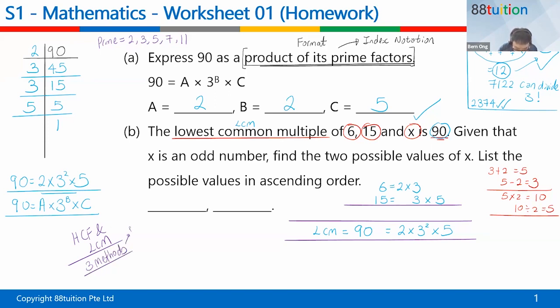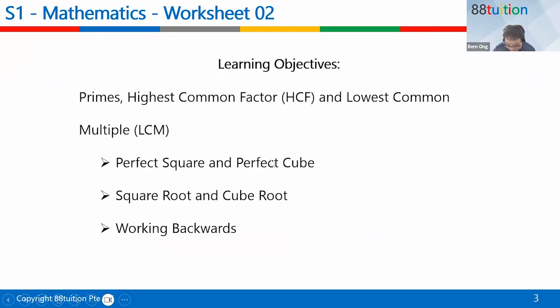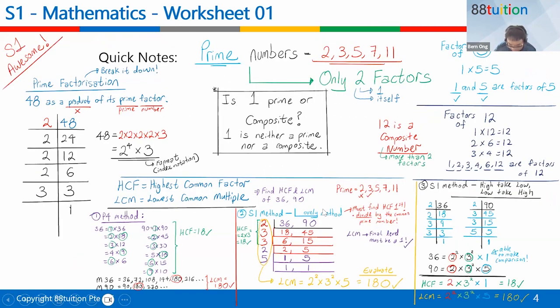Method 1, we call that the listing method. Second method, we call it the lovely method. Let me see. I cut and pasted last week's notes into here. Last week we called it the lovely method.